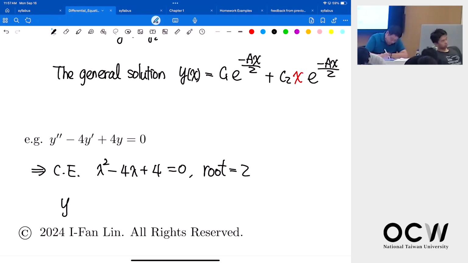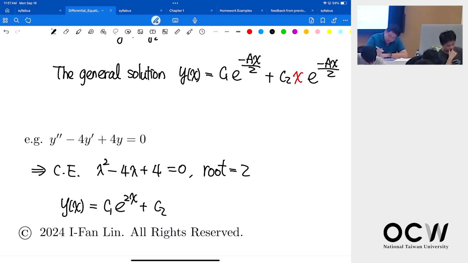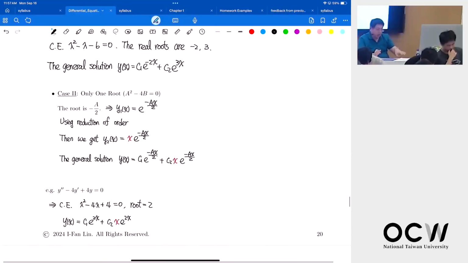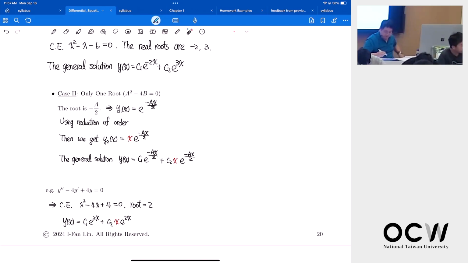So your solution is c1 y1, and for the other solution I generate x times y1. So if you have a repeated root, then the second solution is just multiplied by x.